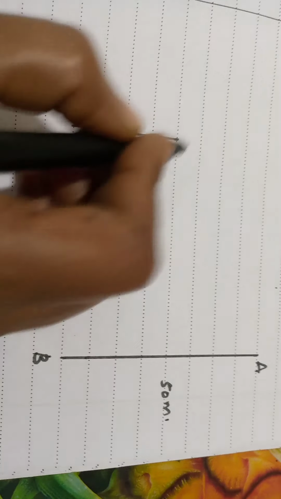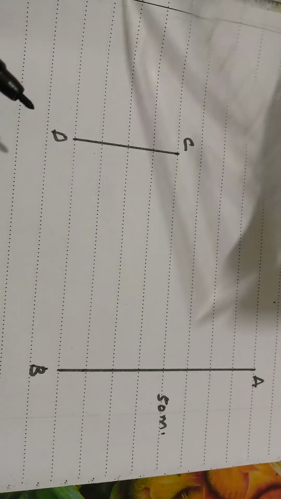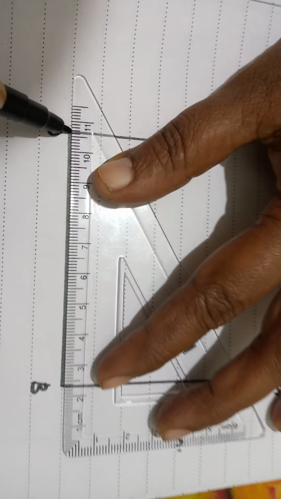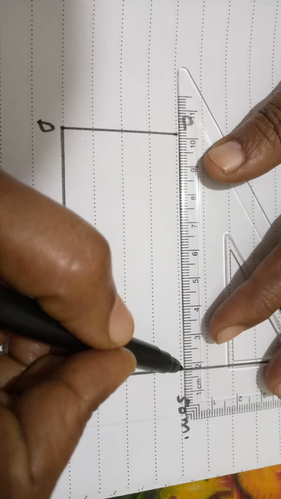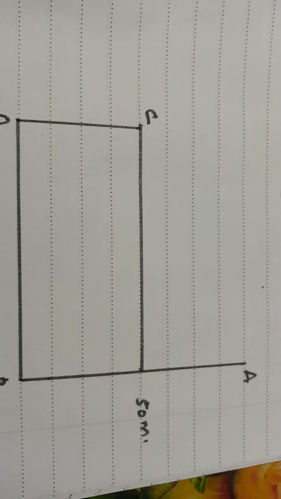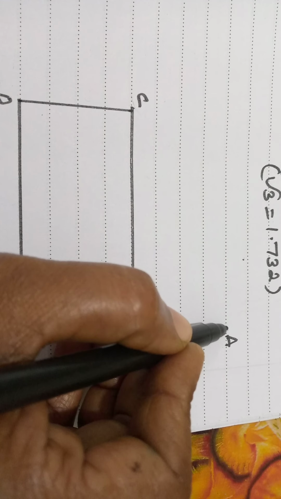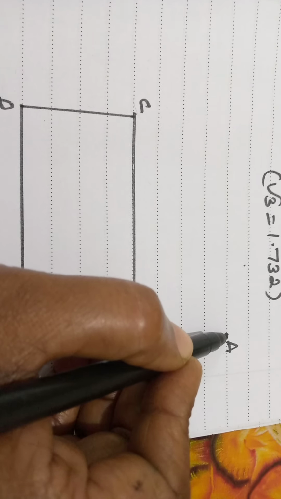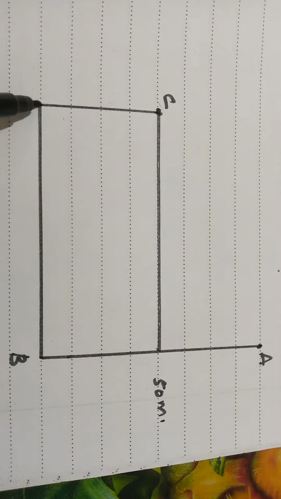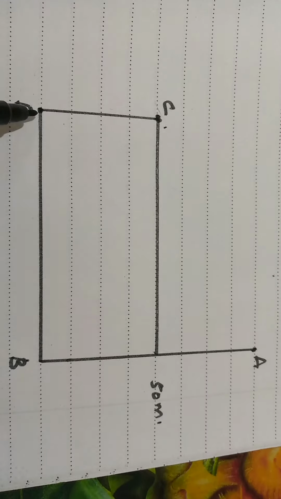Let us name the tree C and D. Join the ground level and this horizontal level also join. What is given now? From the top of a tower, point A, the angle of depression of the top and bottom of the tree are observed: here 30 degree, here 45 degree.